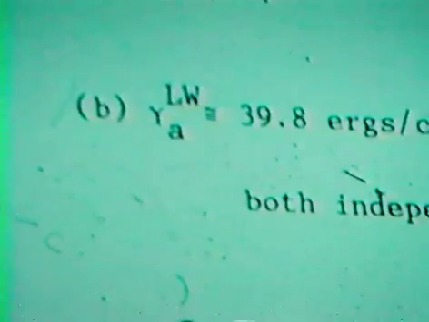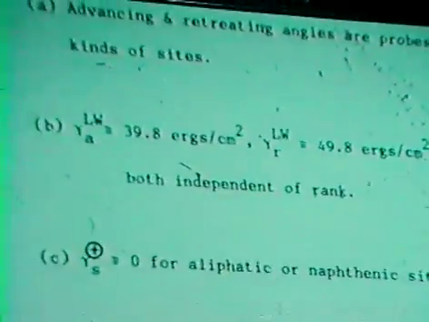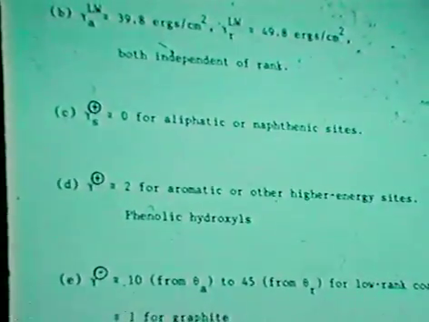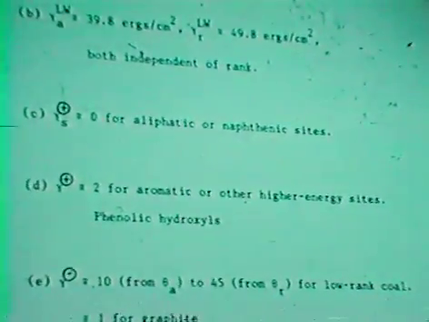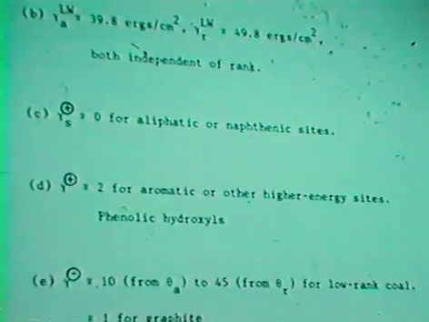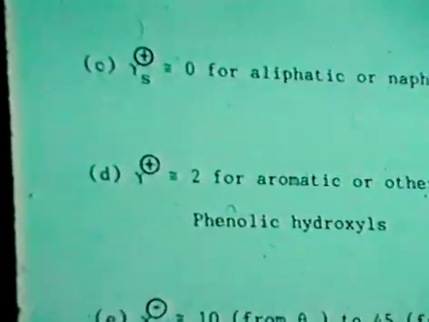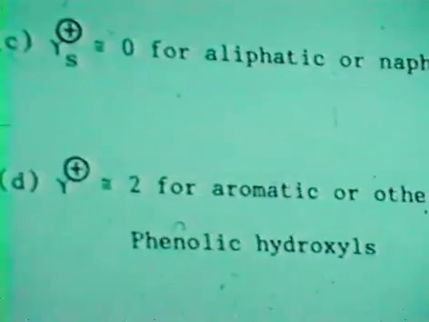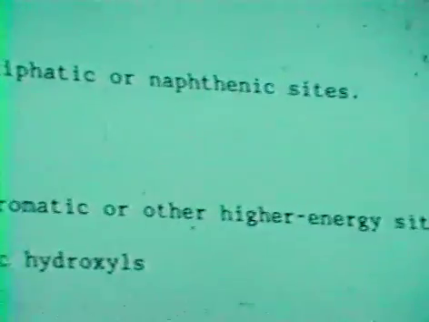So we revise the first two lines. We think that the gamma plus component is probably due to aliphatic or naphthenic sites, and line D there is now obsolete.